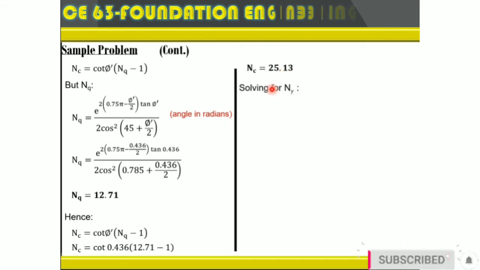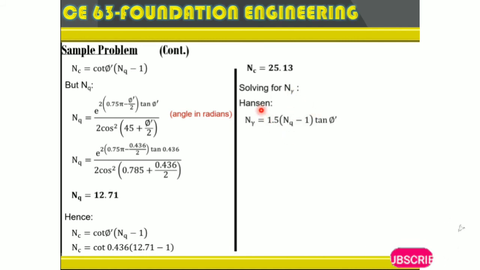And lastly, we are going to calculate the last bearing capacity factor, N subscript unit weight, and we can use now this formula of Hansen. Actually, there are a lot of formulas there. You can use the formula of maybe Terzaghi and any other authors or scientists.